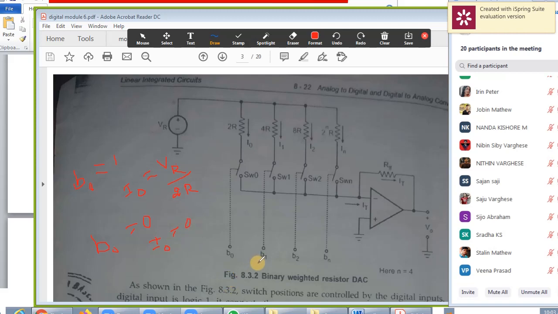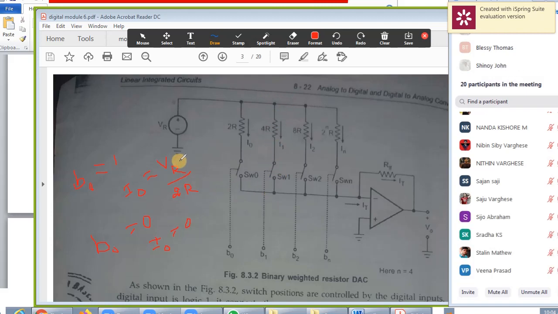Similarly, if B1 is 1, what is the current flowing through this one? The switch is on. That means this is virtually ground and this is also ground. So VR is connected in parallel to 4R. What is the current flowing through I1? The voltage across the 4R is VR, divided by the total resistance 4R.